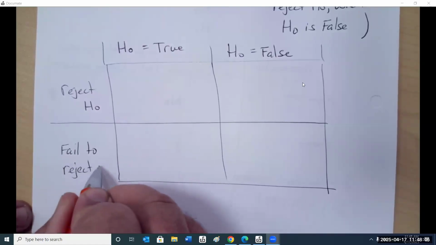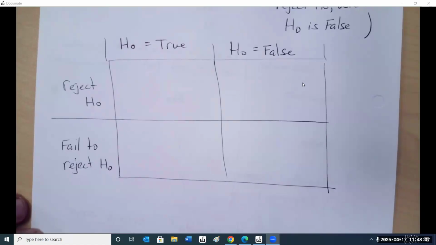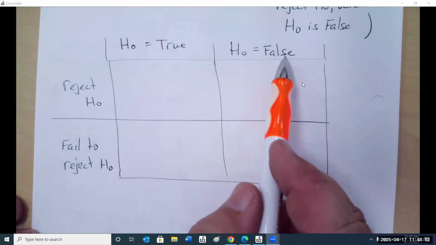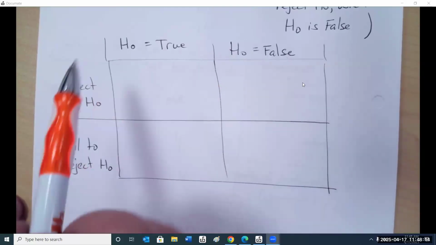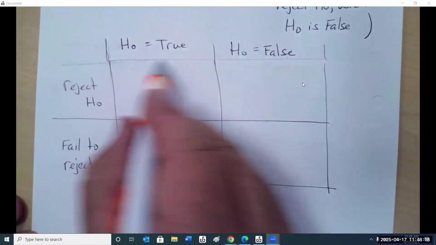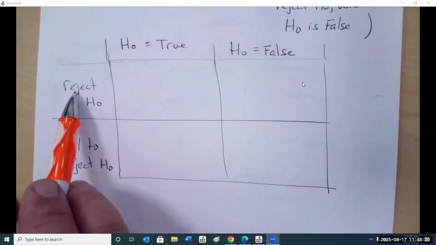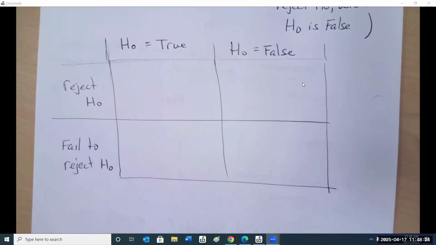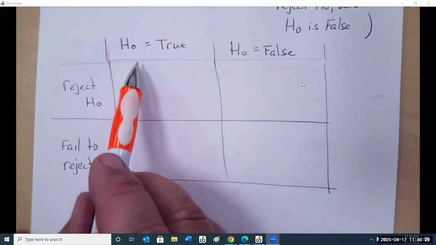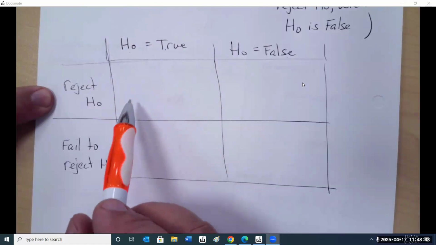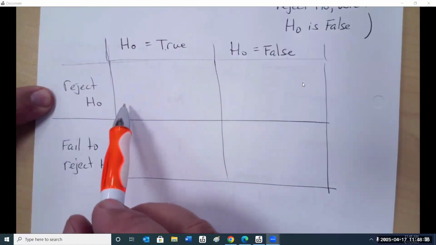So these are our possibilities. On the very top, you have the null hypothesis is true versus it's false. And then on the row titles, the top one is reject the null hypothesis. The bottom is fail to reject the null hypothesis. So if H0 is true and you reject H0, what happens?